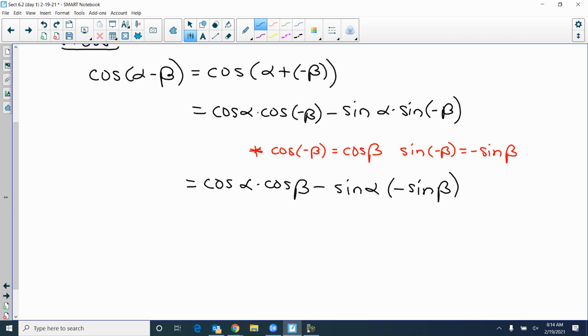So this now becomes cosine alpha times cosine beta plus sine alpha sine beta. Is that the formula that we wanted to prove? So we're done. And when you're done, you can put down a little QED.